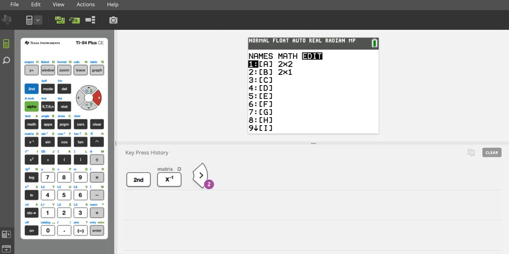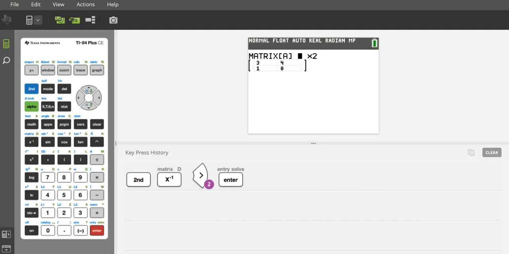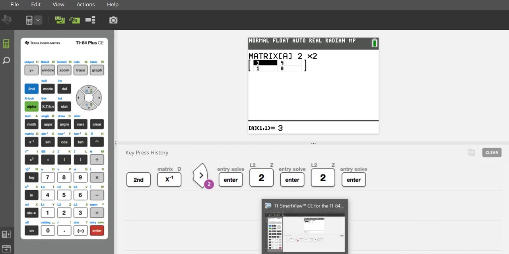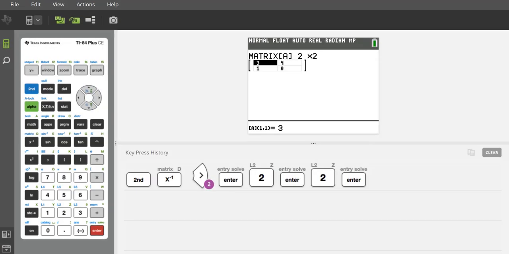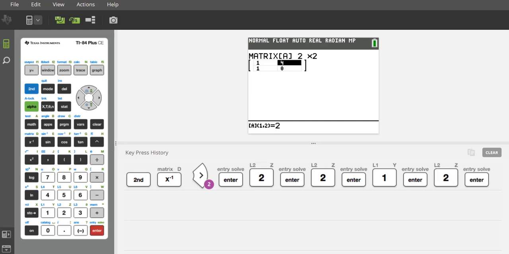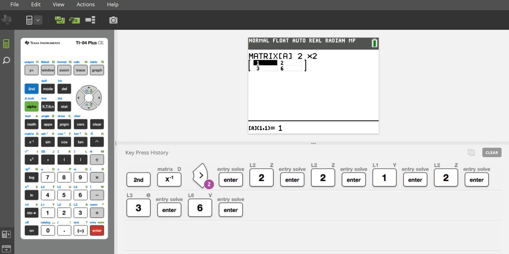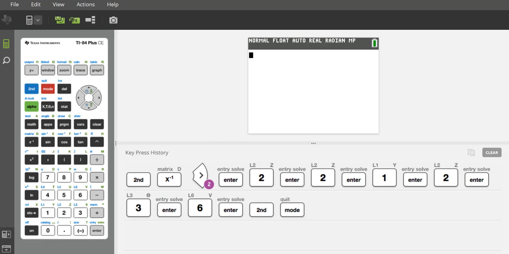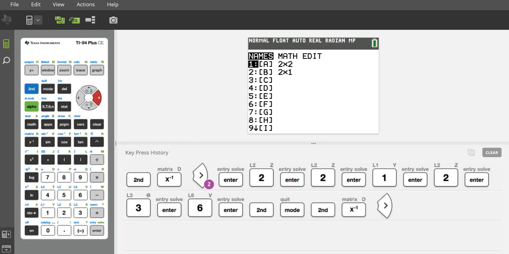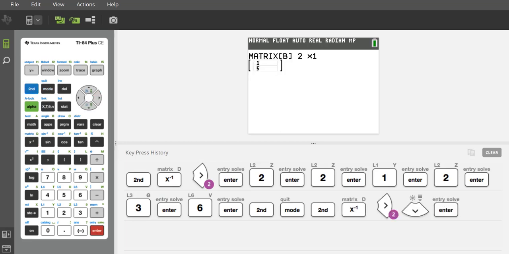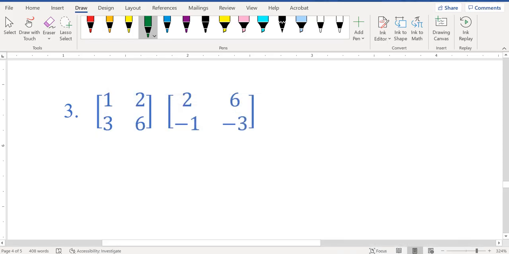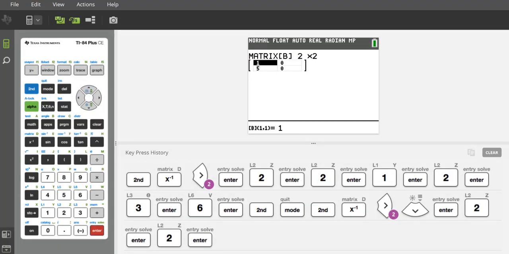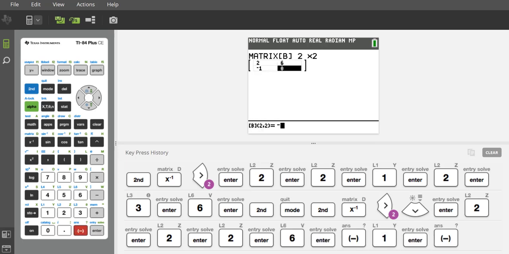Second matrix, edit A. It's a 2 by 2: 1, 2, 3, 6. Second quit. Second matrix, edit B. Enter. It's also a 2 by 2 with entries 2, 6, -1, -3.